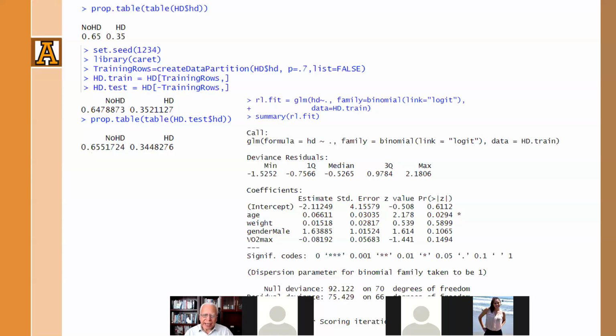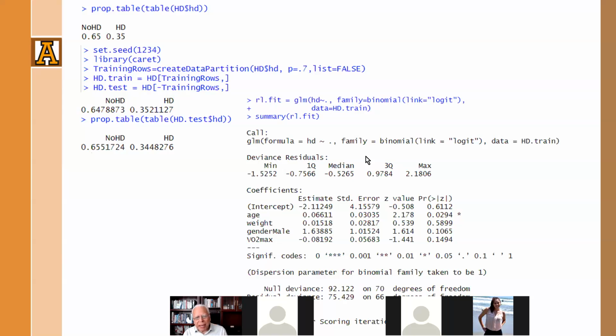Then I specify the family, because the family could be multinomial if I have more than 2 classes. So I'm specifying that the family is binomial because I only have 2 classes, heart disease or not heart disease. And my data is going to be the training data. So I'm going to train the model with the training data.